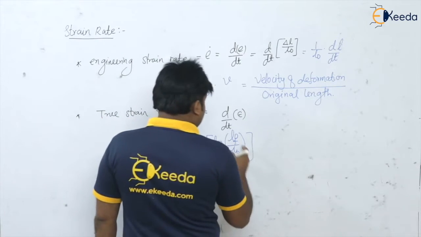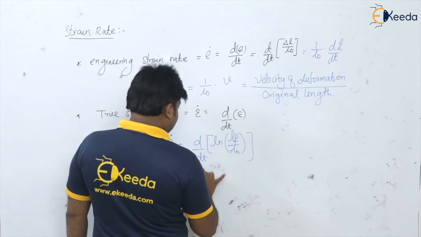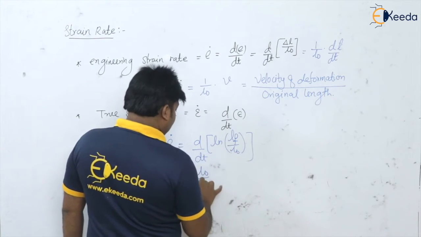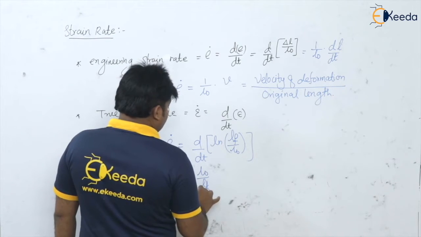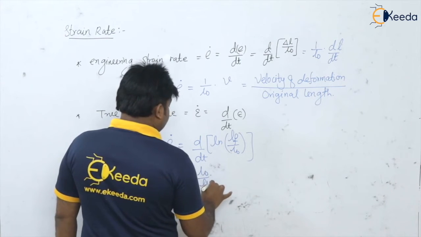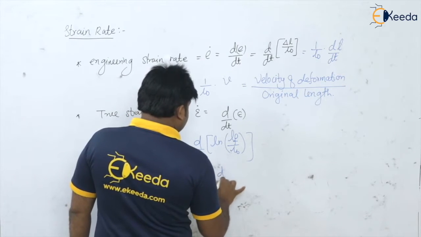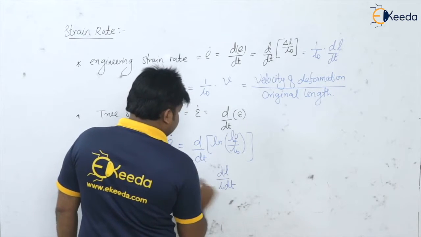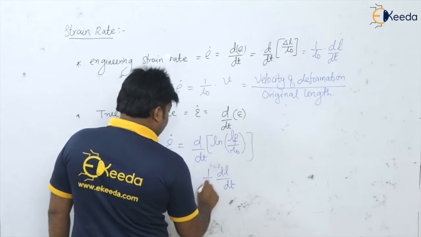And because it is divided by L naught, the L naught cancels, giving 1 upon LF. I will write this as dL by dt into 1 upon LF.